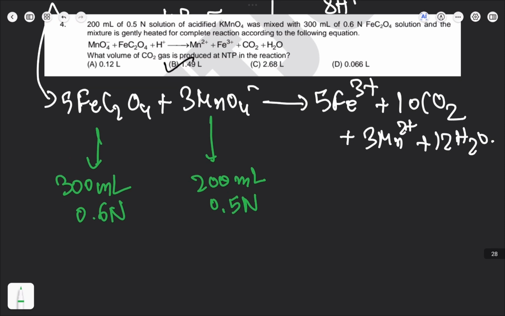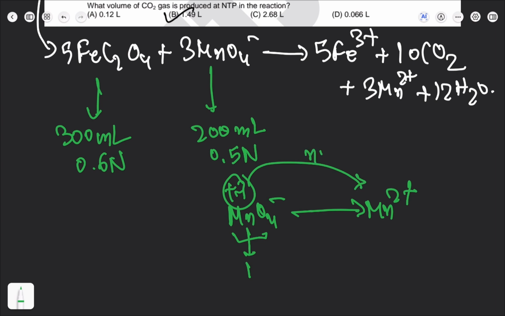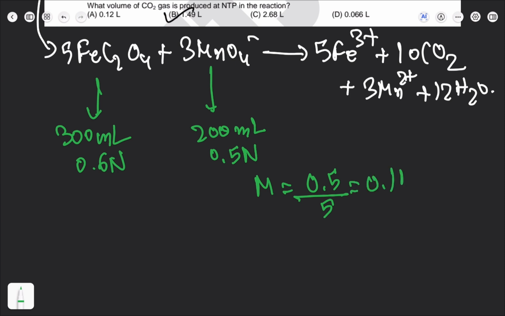For MnO4 minus to go to Mn2 plus, where I have only one molecule of Mn, and the change is 5, my n factor would be 5 in this case. If I want to calculate the molarity, I would just divide by the n factor, and I would be left with the molarity of the solution.